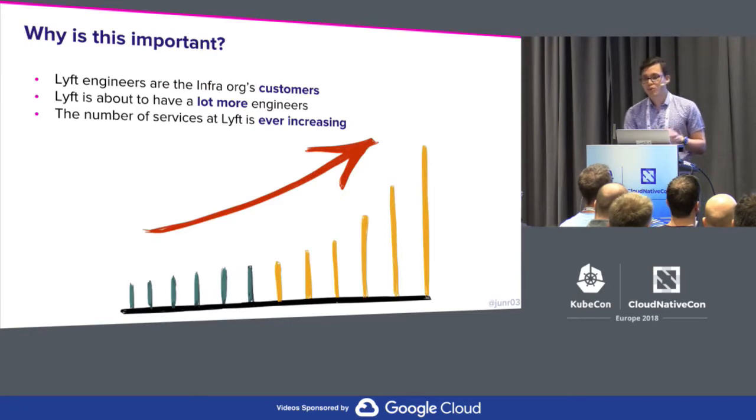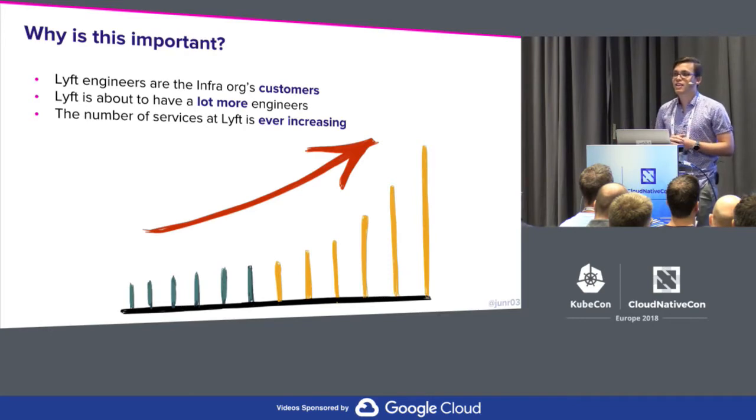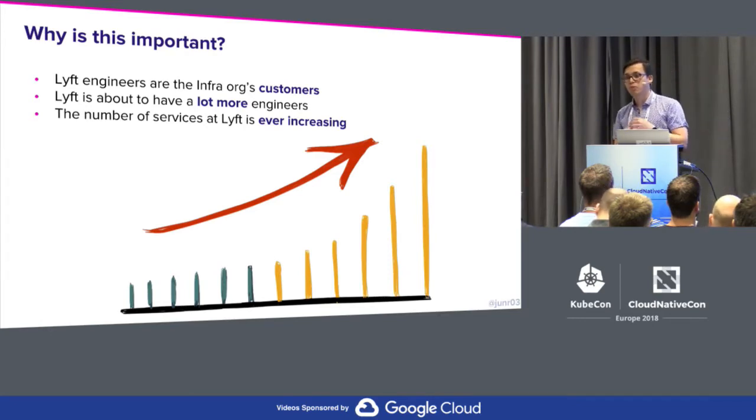So why is this important? It's important because at Lyft, we believe that infrastructure engineers are indebted to the rest of the engineering org. The rest of the engineering org is our customer, and if we ask them to produce beautiful and easy-to-use products, then we should do the same for them. In addition, Lyft is growing like crazy, so we're going to have a lot more hands on deck.